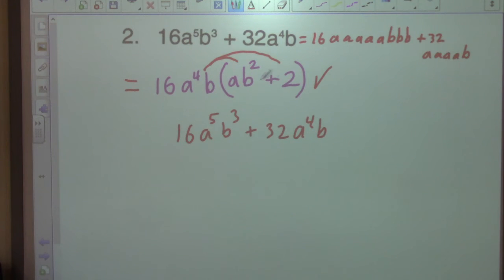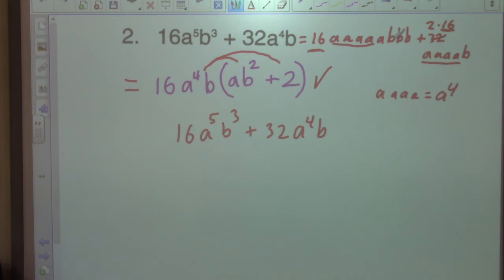What you're looking for is what they have in common. 32 is a product of 2 and 16, so 16 is in common, and we have 2 left over. We have 4 A's here and 4 A's over here, so what we have in common is a to the fourth.